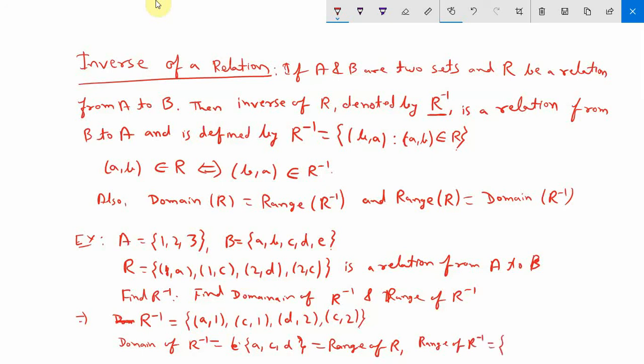This is {1, 2}. Okay, and this is your domain of R.